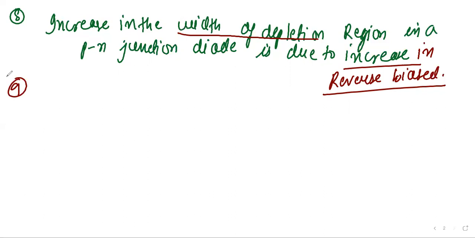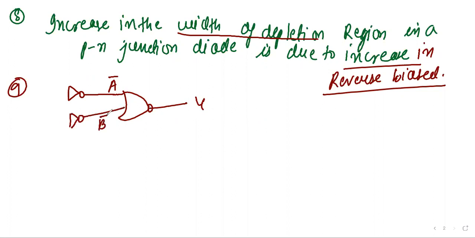9th. For the logic circuit given, this is your diagram. This is the NAND gate, taking output Y. This is diode 1 with A bar, this is diode 2 with B bar.